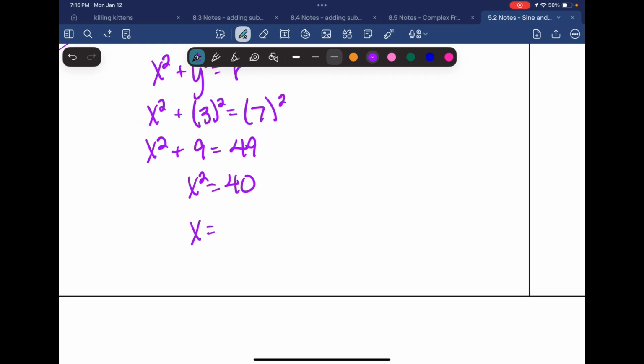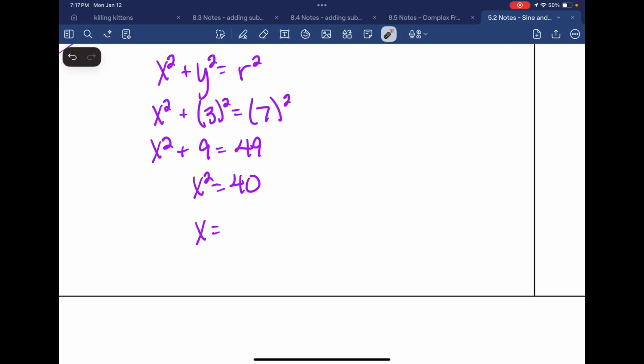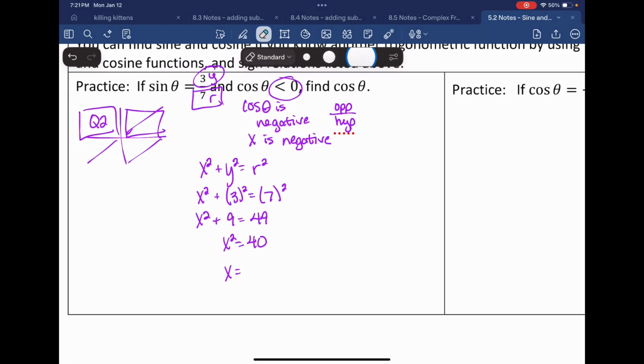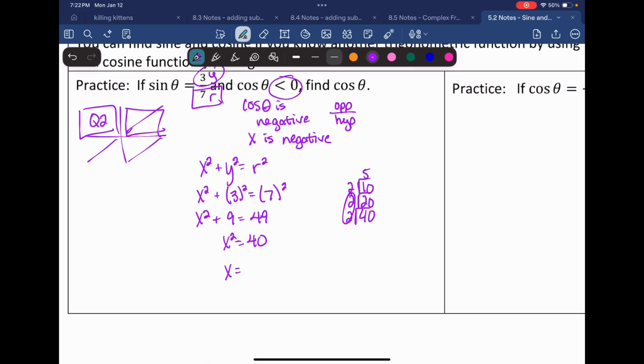The prime factors are 40. All right, so I simplify square roots with prime factors. So 40 has the smallest prime of 2. That's 2. And you keep going until that top number's prime. So then you look for pairs. So a pair of 2s.